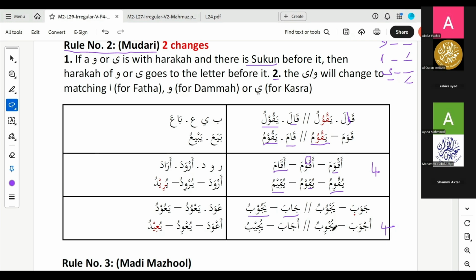Ajwaba, yujwibu. Ajwaba becomes ajaba, and yujwibu becomes yujibu. So here also the waw harka transfers to this letter, and the waw has to change according to this. So we have kasra, so ya will come, yujibu. So this is also the same, the form were arada, yuridu, and awada, ya'udu. Ya'udu becomes yu'idu.